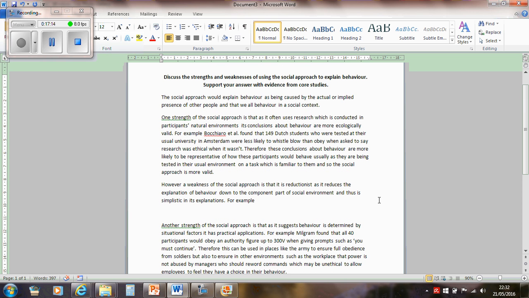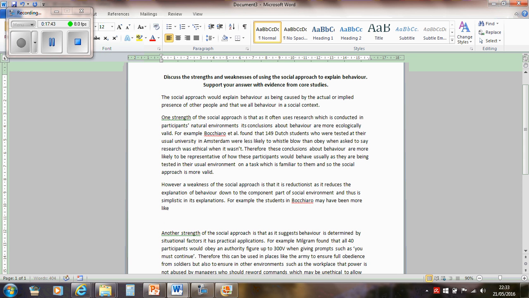So for example, the students in Bocciaro may have been more likely to obey than disobey and whistleblow due to their biology, or development, still kind of social, isn't it?